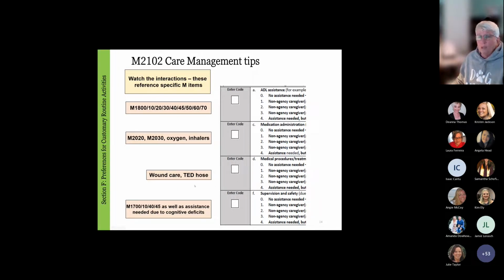Again, D is about wound care and the TED hose. And F, also look at all those behavioral items, the M1700, 1710, 40, and 45. See what's all going on. There are a whole lot of different items that come into play, and they all serve towards risk adjustment for this particular item. So I just want to make sure that everything seems to make sense together.